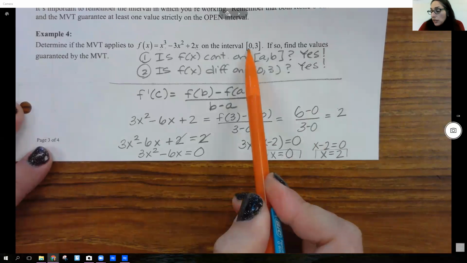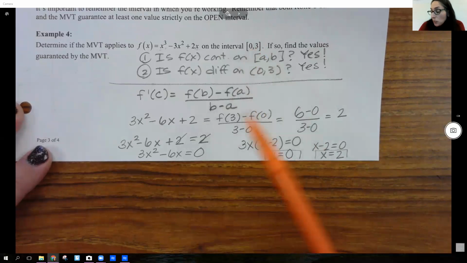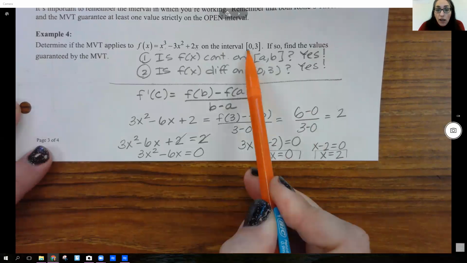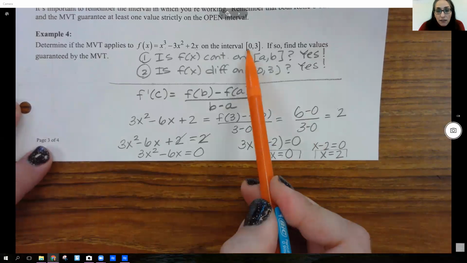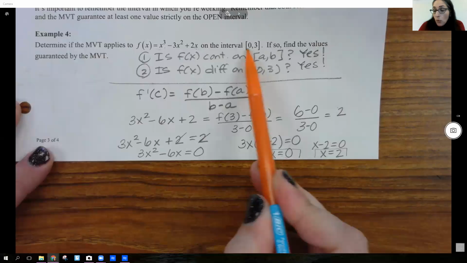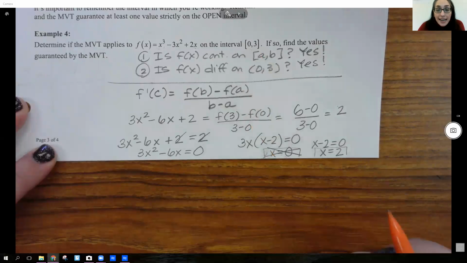We have to be differentiable on the open interval, so we cannot include 0 as a possible x coordinate, okay? So once again, when you get an answer that is one of your endpoints, you have to throw it out because you can't draw a tangent line on an endpoint.